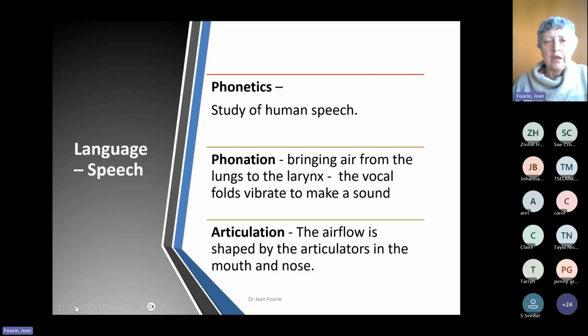We look at all the organs of speech and the study of phonation, how the air comes out of your lungs through the larynx or the vocal cords, which vibrate in a specific way to make the sounds, and then how we shape our mouth, our tongue, the whole cavity of the mouth in order to articulate and make the particular sounds that that particular language has.